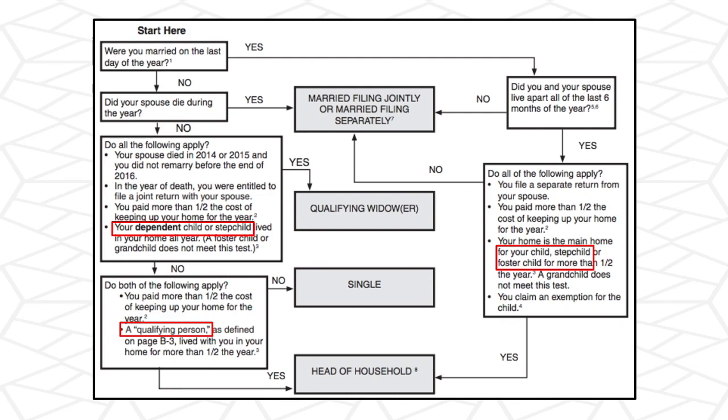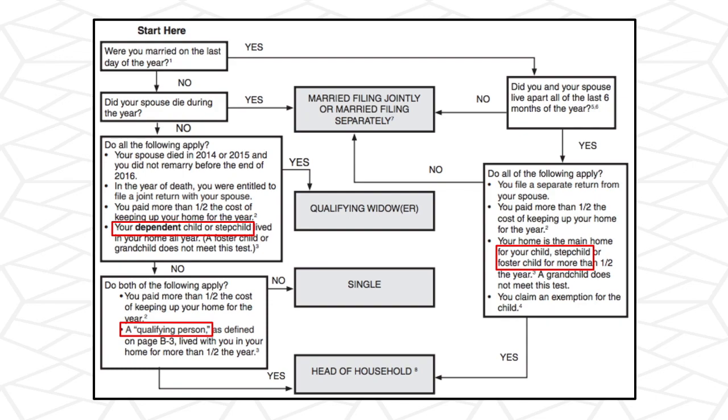If yes, we're going to go all the way over to the right and ask, did you or your spouse live apart all of the last 6 months of the year? So if someone answers yes to that question, then they are considered unmarried and can potentially file as head of household if they meet all of the following requirements underneath.